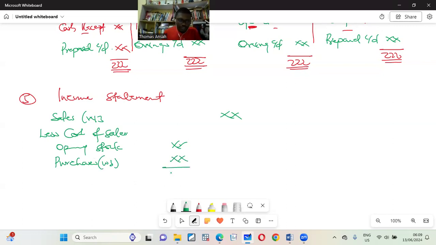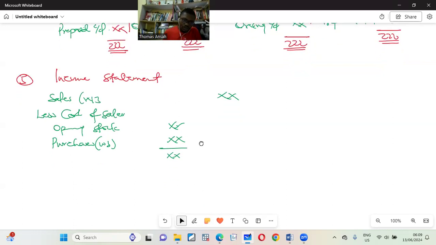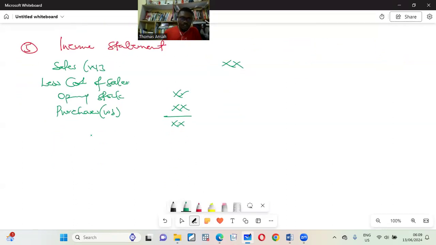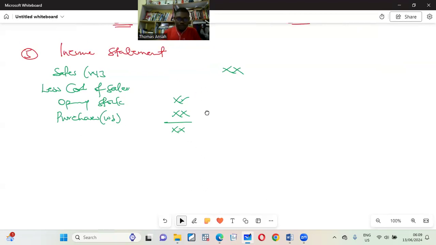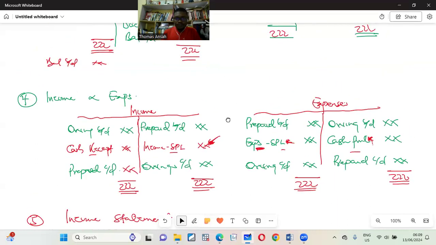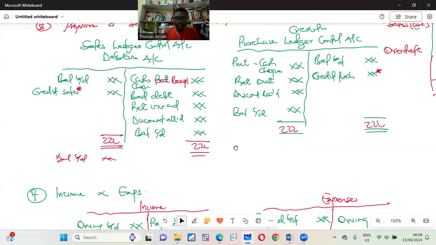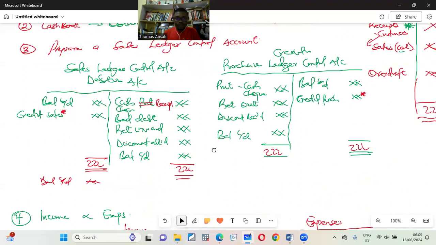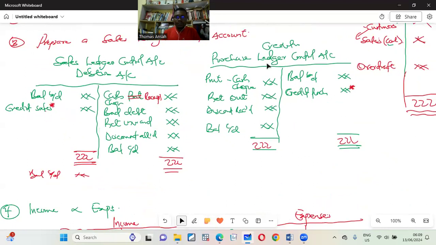Then you add it up. Then you less what? If there are goods drawings, don't forget, all right, deduct the goods drawings. So this is what we can do. You can decide to bring your purchases here. Now, where's our purchases ledger control account? So this is for trade debtors.